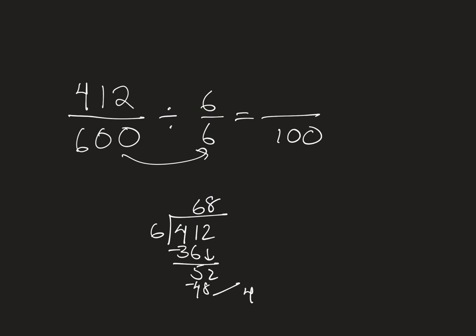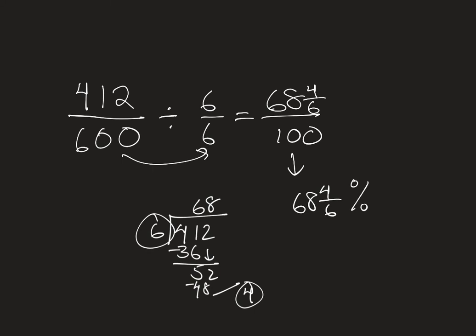So we can write this as 68 and 4 over 6 out of 100. Or we can say 68 and 4/6%. And we can simplify that 4/6. We can say 68 and 2/3%. And that is going to be the end of this video.